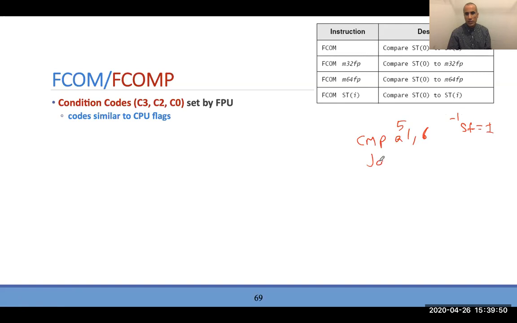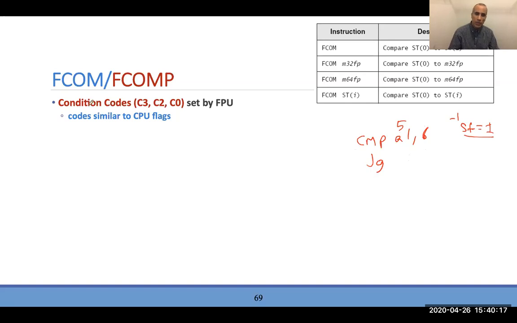If you remember, above and below are for unsigned integers, and greater and less than are for signed integers. Since we are comparing signed integers here, we decided on JG, jump when it's greater. Since the sign flag is raised, we know it's not greater, so we are not going to jump, right?